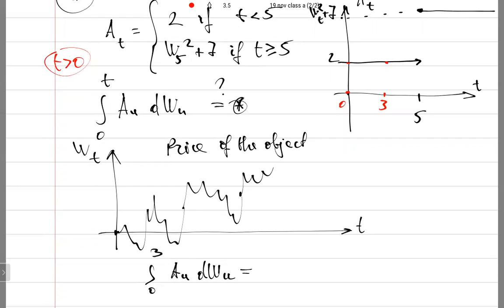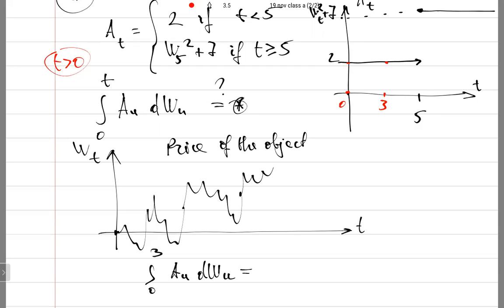So what is my initial welfare? If I have, I don't know, 2 cups, and each cup is worth W_0, my total initial welfare is 2 times W_0. What is my final welfare at time 3? Yeah, Alexandra is right, it is 2 times W_3.